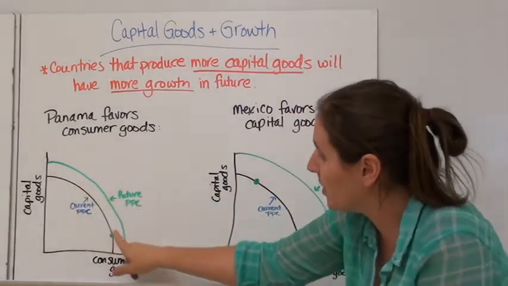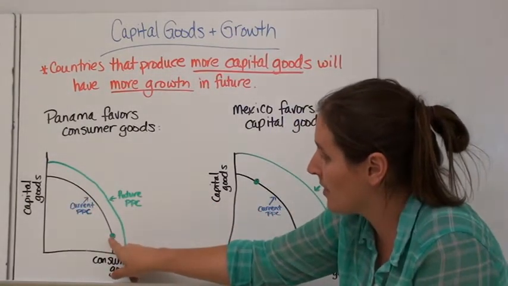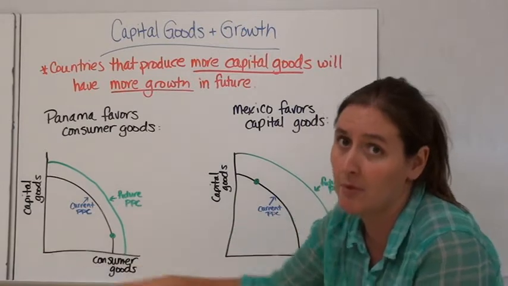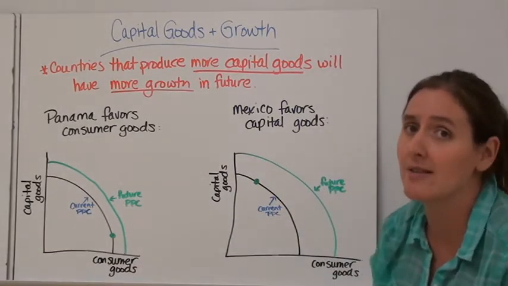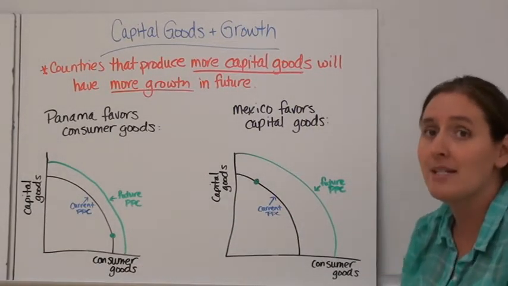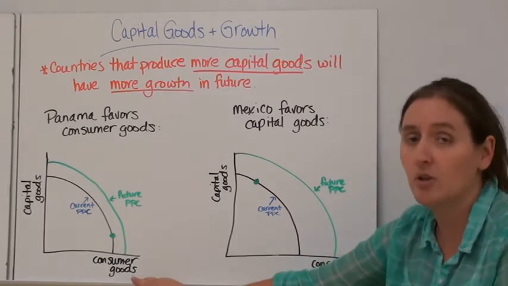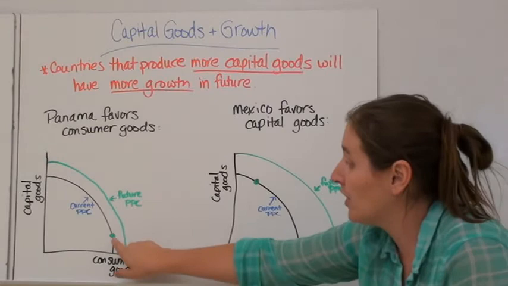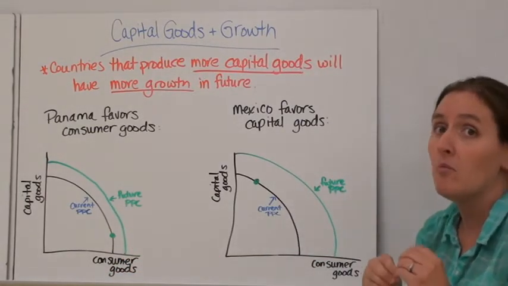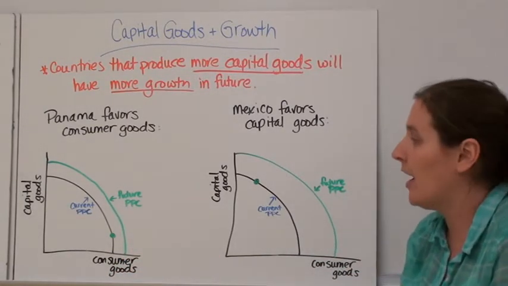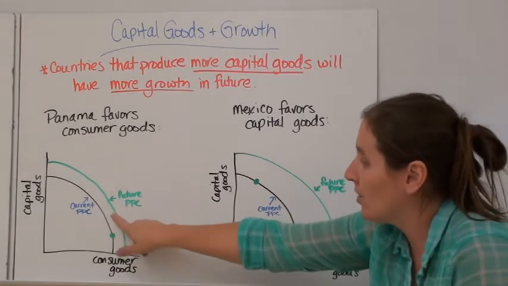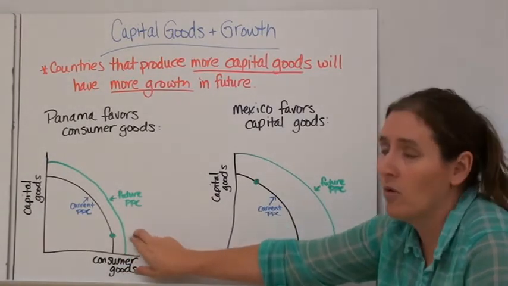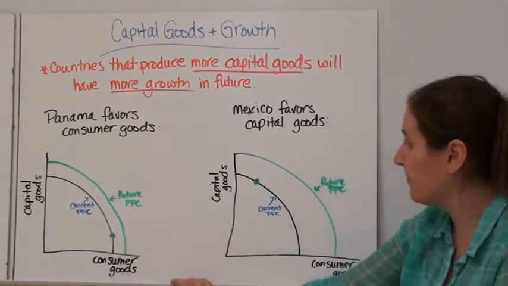So this is their original PPC, and at this point, they're making more consumer goods than capital goods. Now, if you remember, capital goods are things that go into making a consumer good, and consumer goods are things that you and I consume, things that we use. So if you make more consumer goods, more food, more clothes, more things that we buy, then you'll have growth, but it won't be that much, okay?